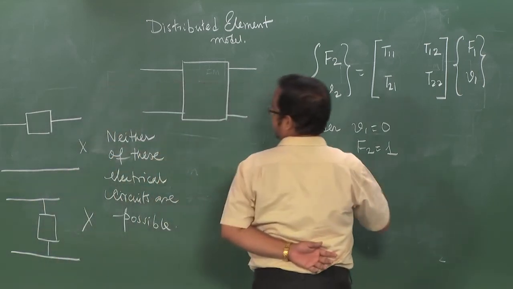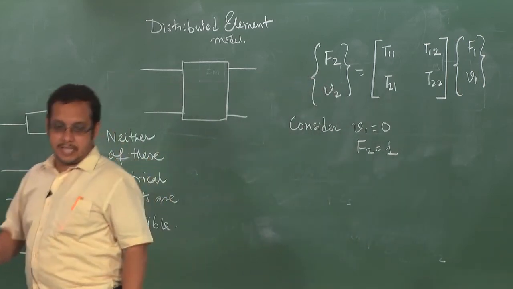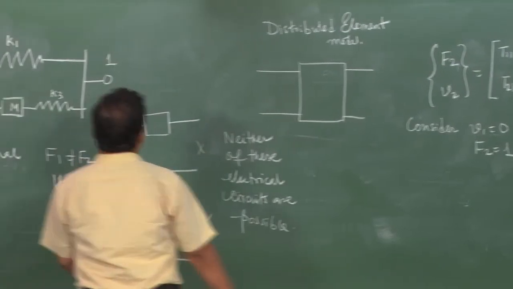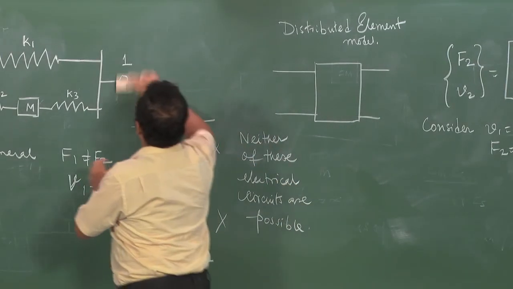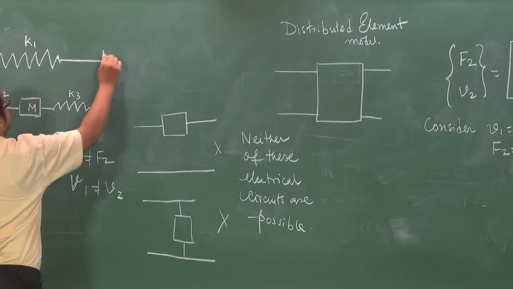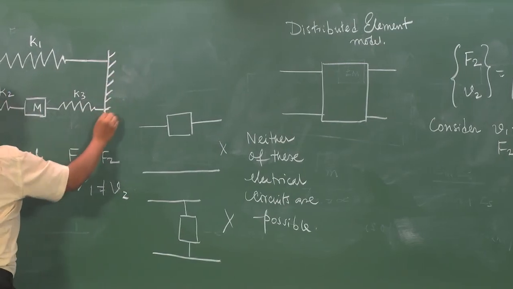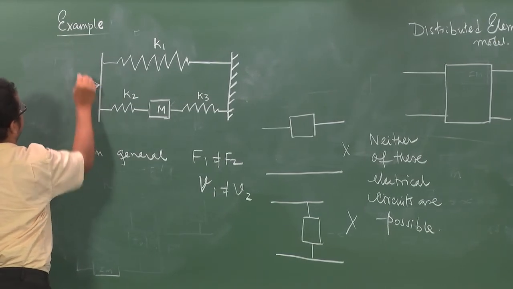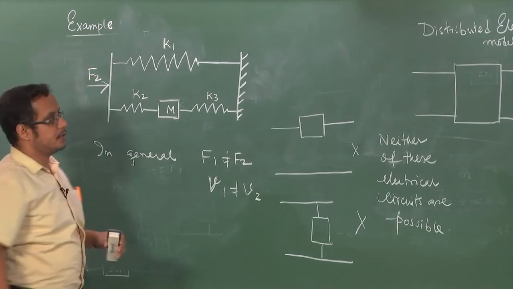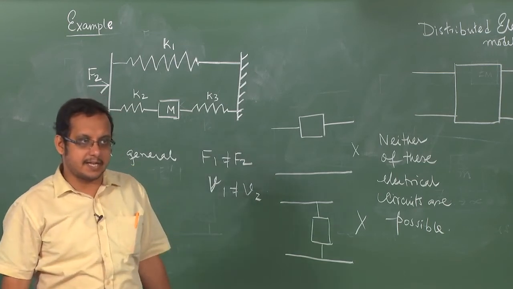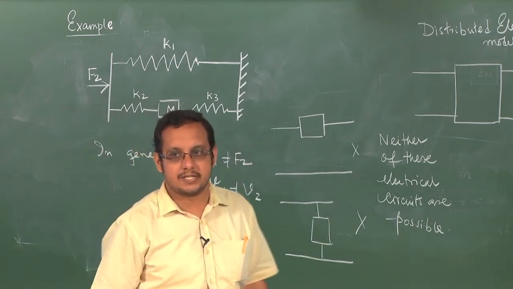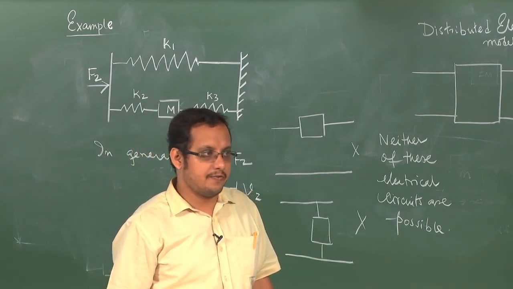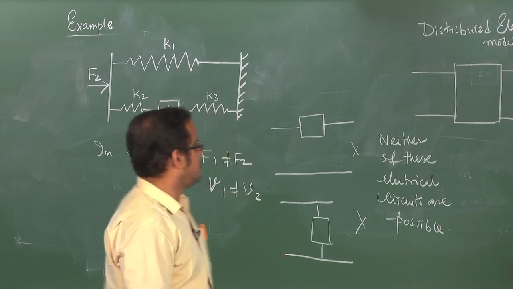So, that basically implies that this edge is fixed and here you will have a force F2 going in. That is a perfect mechanical system. We could write the equations of this system without much of a fuss. This is just from first principle we could write it.